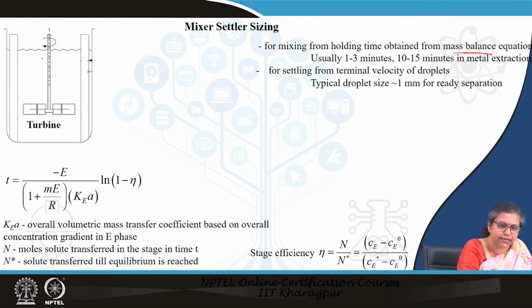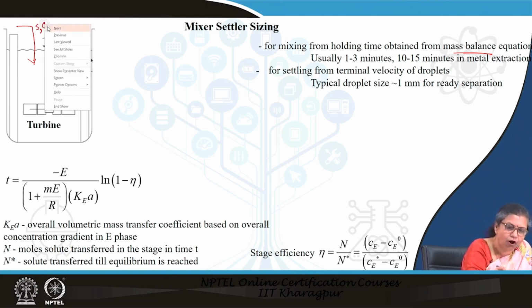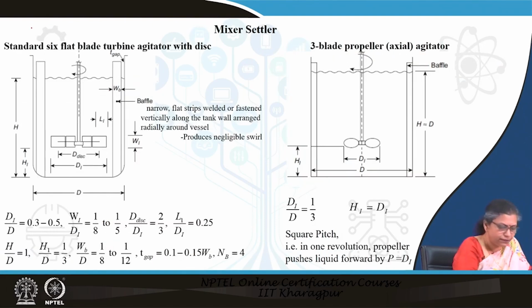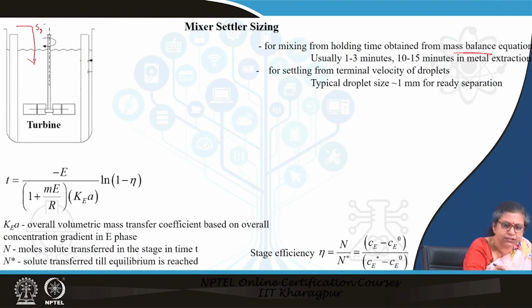In this particular case, if you would like to find the holding time, what do we think? Suppose we introduce the solvent. The solvent is S, and the concentration of the solute in the solvent is say Ce0, and the extract which comes out has a solute concentration of Ce.